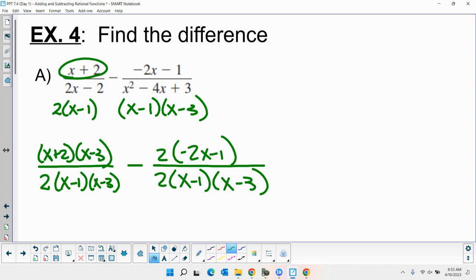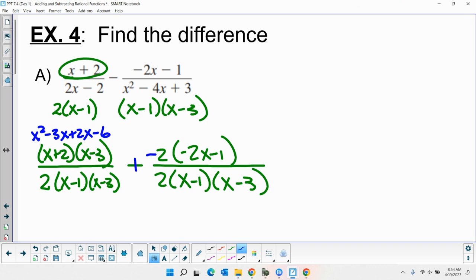All right? Now I'm going to FOIL the left numerator. I'm going to distribute on the right. Okay? So let's rewrite it in a different color. So I got x squared minus 3x for outside, inside plus 2x, and last minus 6. I'm going to treat this as a negative 2 because of this minus sign. You guys okay with that?